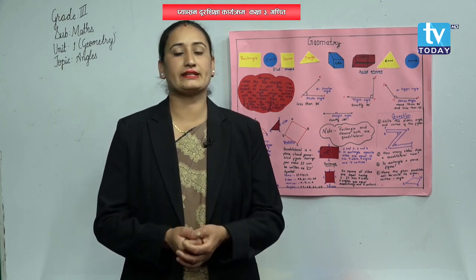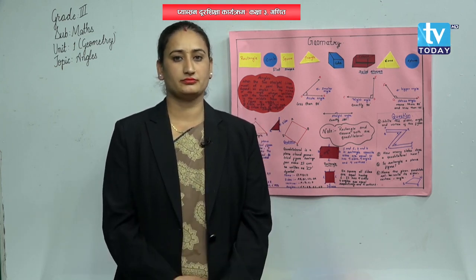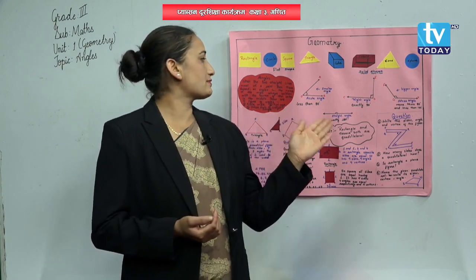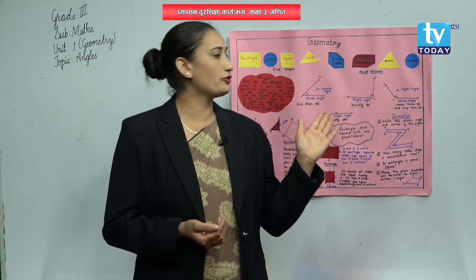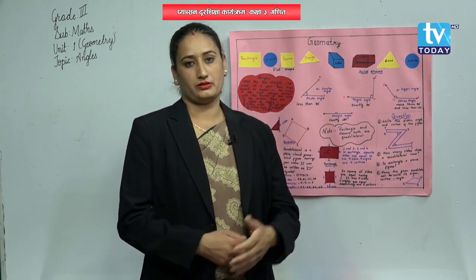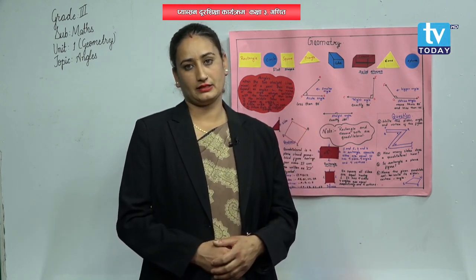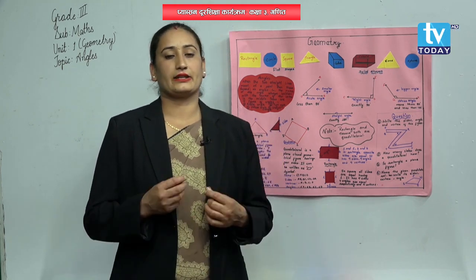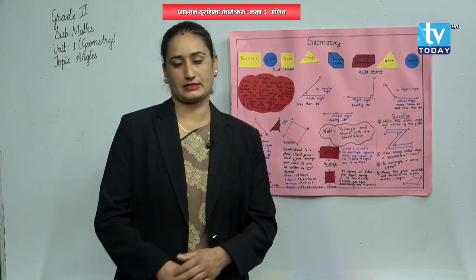Next, in 3D shapes, what have we learned? We have learned about solid shapes, that is cube, cuboid, cone, sphere, right? This is just a review of the previous class.